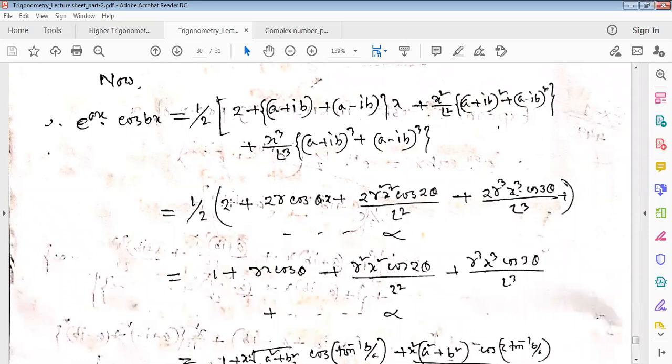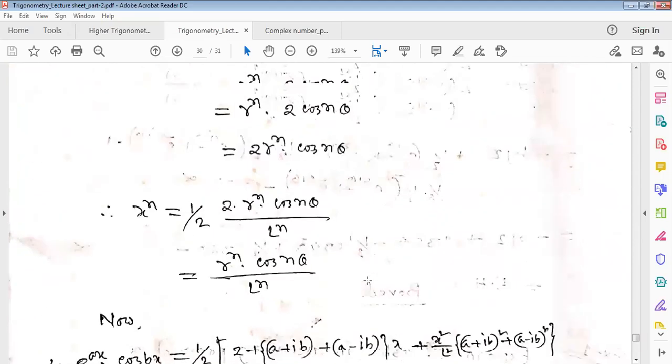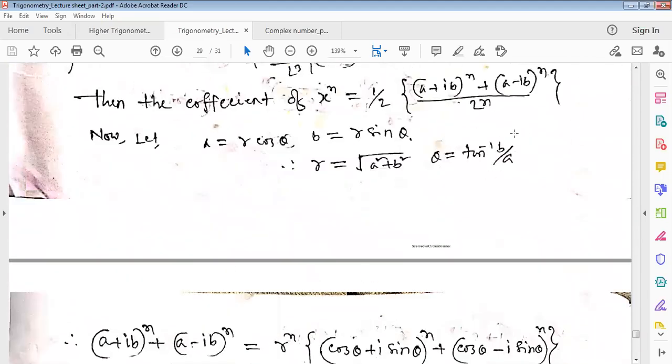Now 2 will be common for all: 1 plus r x cos theta, plus r square x square cos 2 theta, just a series. Here r means what? Square root of a square plus b square. The angle theta equals tan inverse b by a.